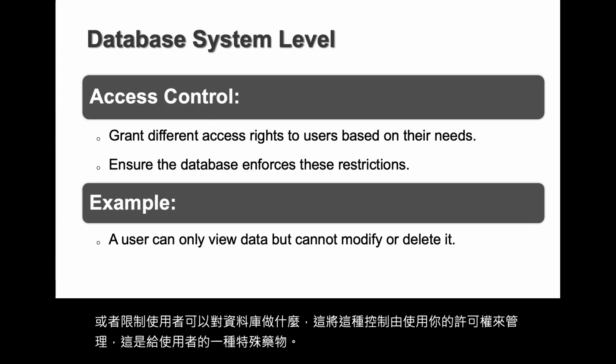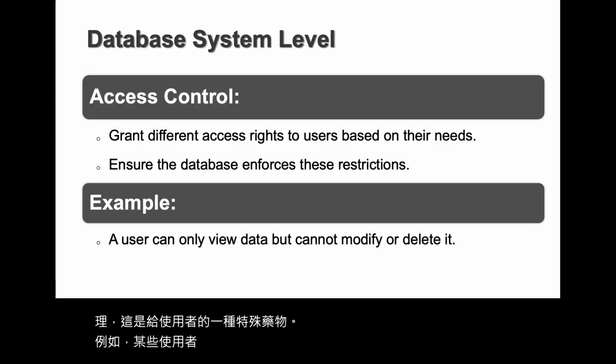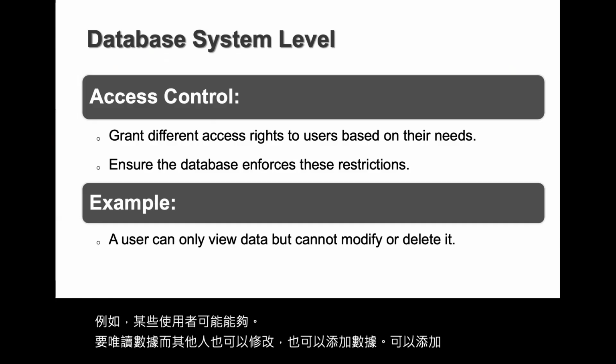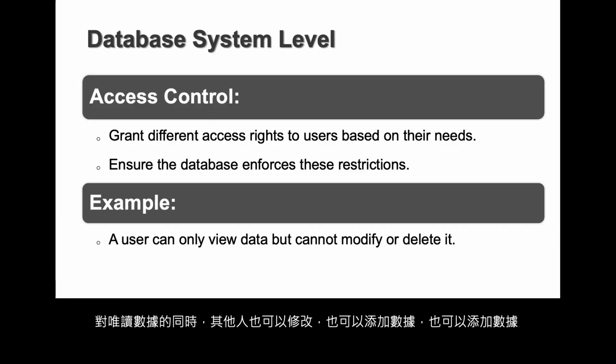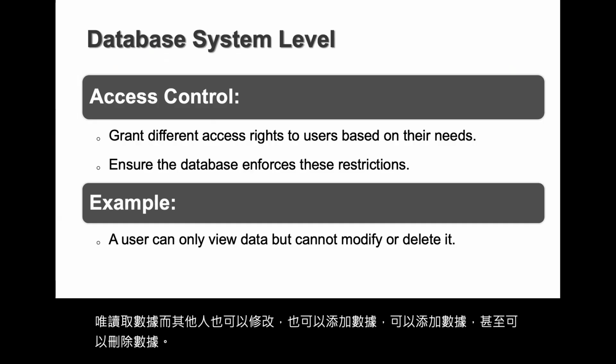For example, some users might be able to read only the data, while others can also modify and edit the data, add data, or even delete the data. So different permissions, different privileges.